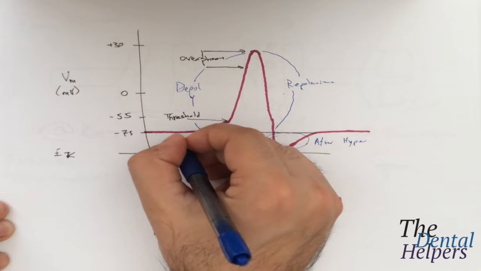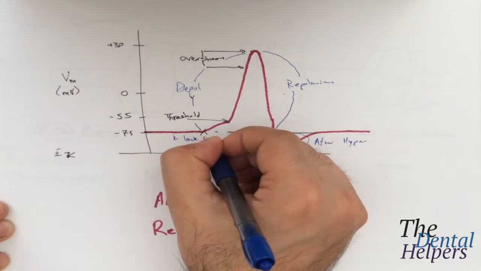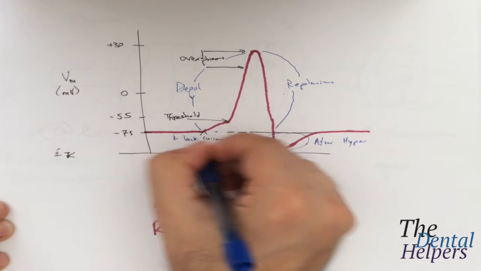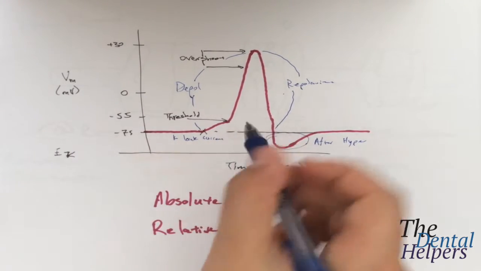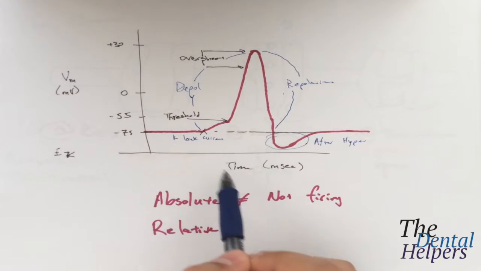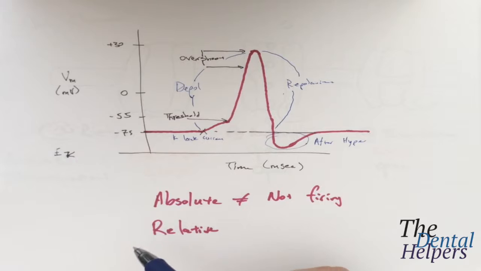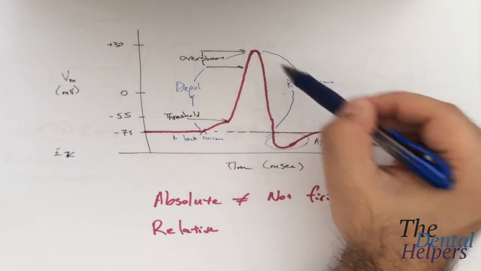But this is going to allow sodium leak to occur. So we're going to have potassium leak. So we're going to have some potassium coming through.